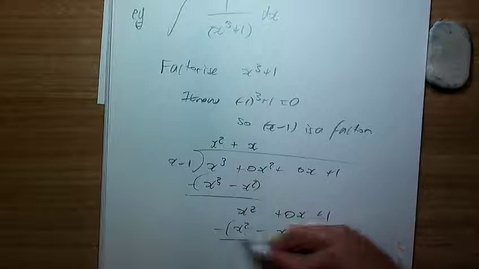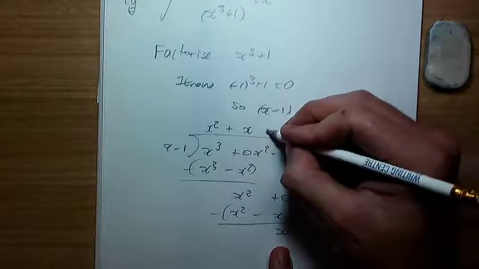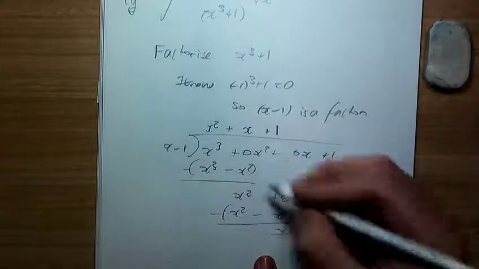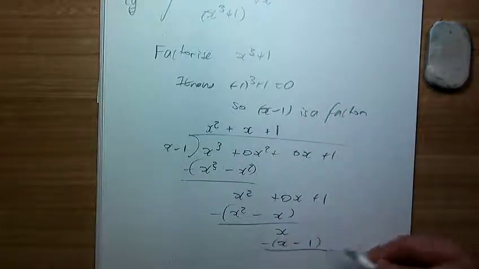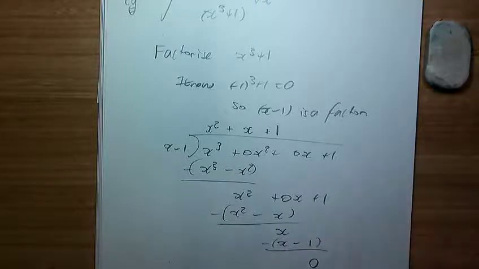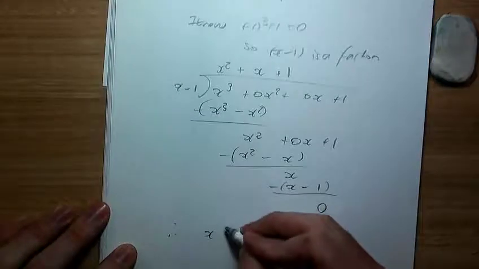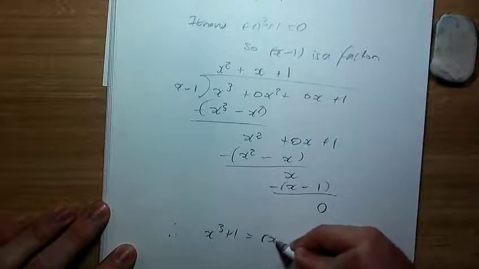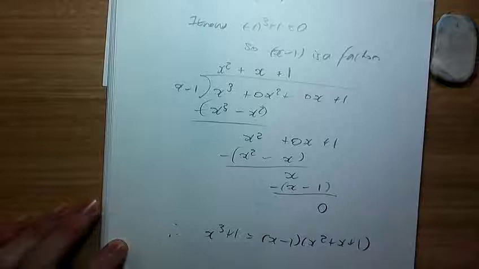And when I subtract that, I get minus x. And x divided by x is 1. And 1 times this is x plus 1. And when I subtract that, I get 0. Excellent. It should come out as 0 because it goes in. So therefore, x cubed plus 1 is x plus 1 times x squared minus x plus 1.